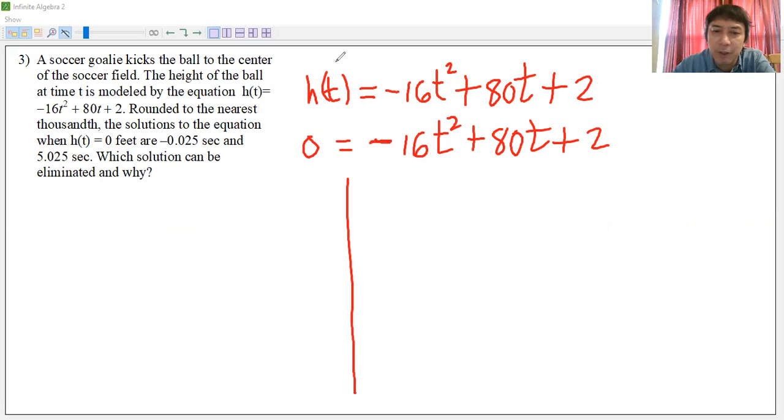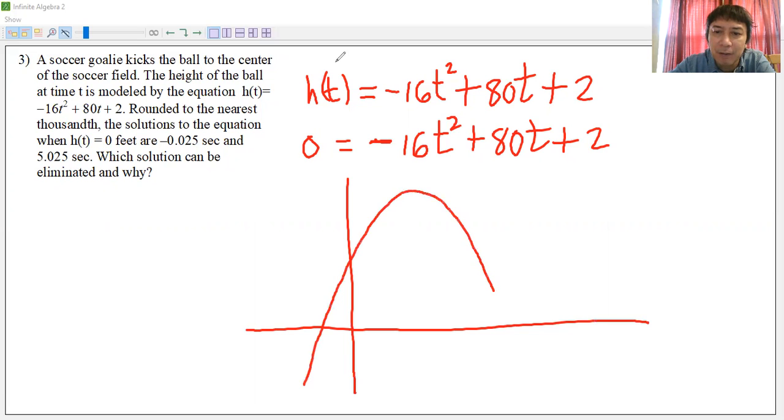That means your parabolic equation opens downward like that. This is your t, this is your h there, and this is the origin, the point of origin. The value of t and h there are 0, 0.